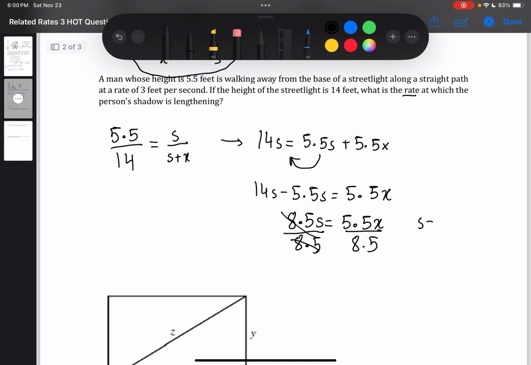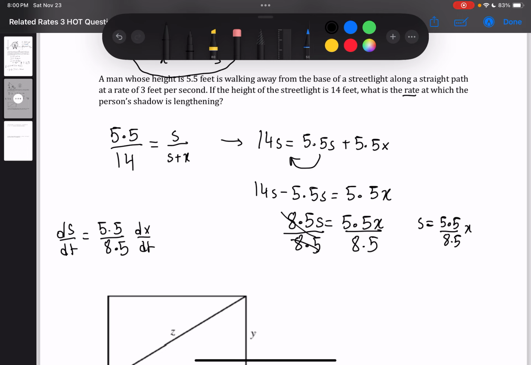There's no problem whatsoever. So basically we have this relationship over here between s and x. So now deriving this equation, we're going to get ds over dt. It is going to be 5.5 over 8.5 dx over dt.